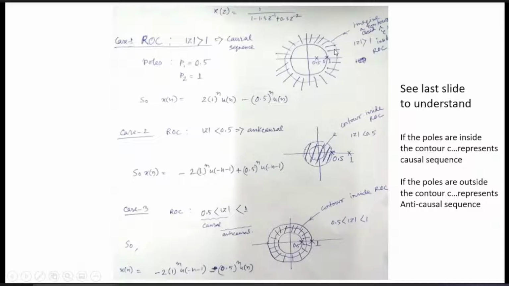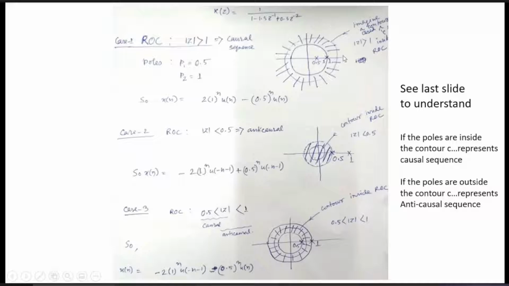I have written: imagine a closed contour C, let us say, inside the ROC. Now next you have to see whether each pole exists within this contour or outside the contour.